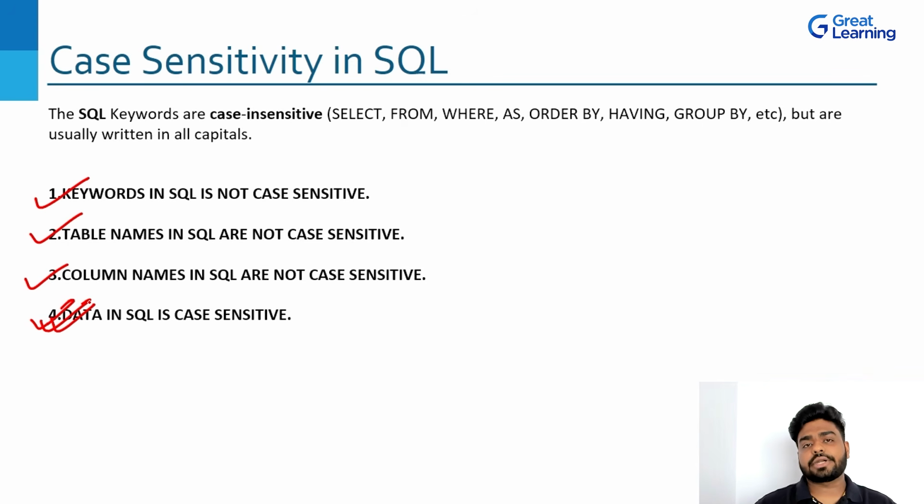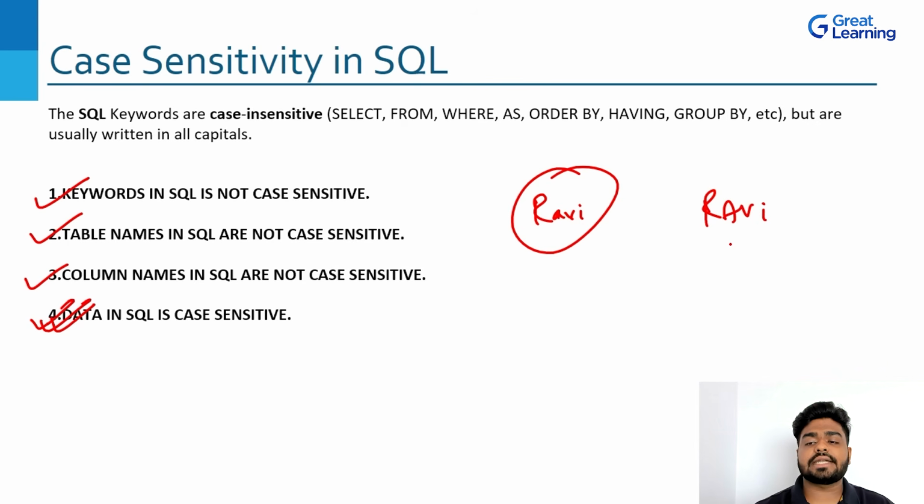Now this is very important. Data is case sensitive. Why? The reason is, suppose you are saving one particular data as Ravi, with a capital R and the rest small. Now if you are asking for a particular data which is all capital RAVI, obviously these two have differences, as you can see, right? The name is the same, but the writing pattern is different. Now this Ravi can be a different person and that Ravi can be a different person, right?